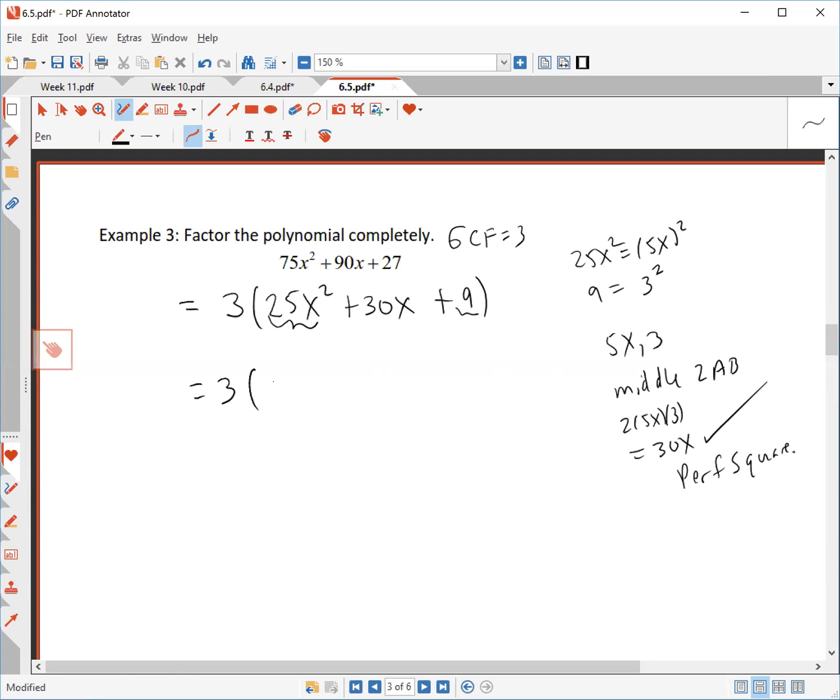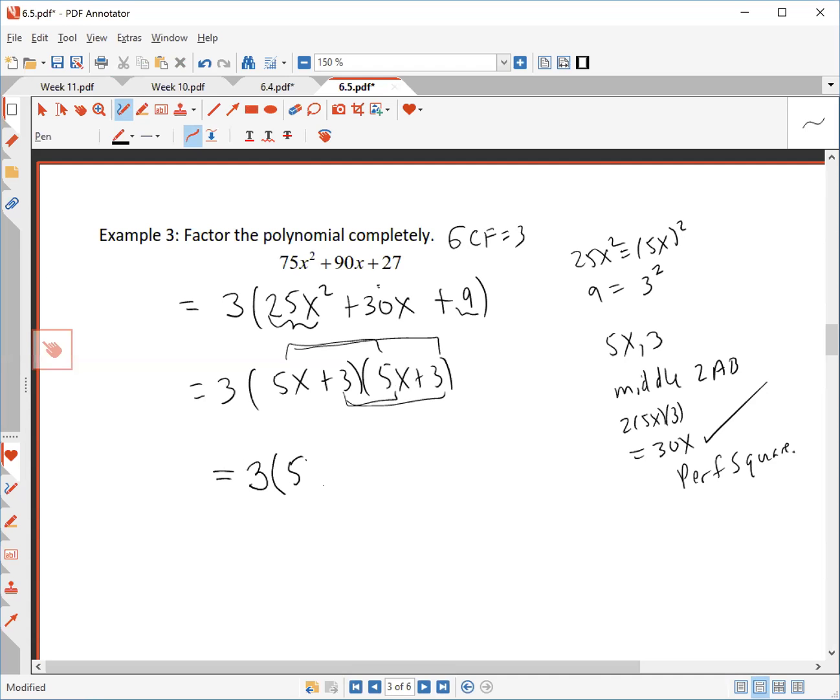So that would give us 3 times 5x plus 3 and 5x plus 3. Just want to check it first before I move on. And 5x times 5x, 25x squared. There's the 15 and the 15, making double that, 30. And then the 3 times 3 is 9.